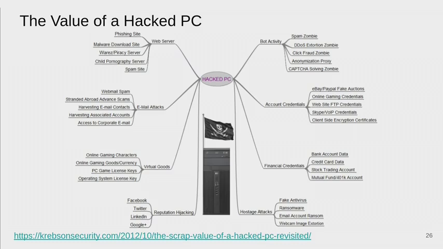Especially if you have an AWS, Google Cloud, whatever account, they will happily use the compute credits that you have available. Searching for credit cards, other kinds of financial credentials, banking access, that's certainly something. Ransomware attacks, these are the classic approach, but a bunch of others as well, right? So a hacked PC can be used for many different things, and access to your system is usually being resold to many parties.